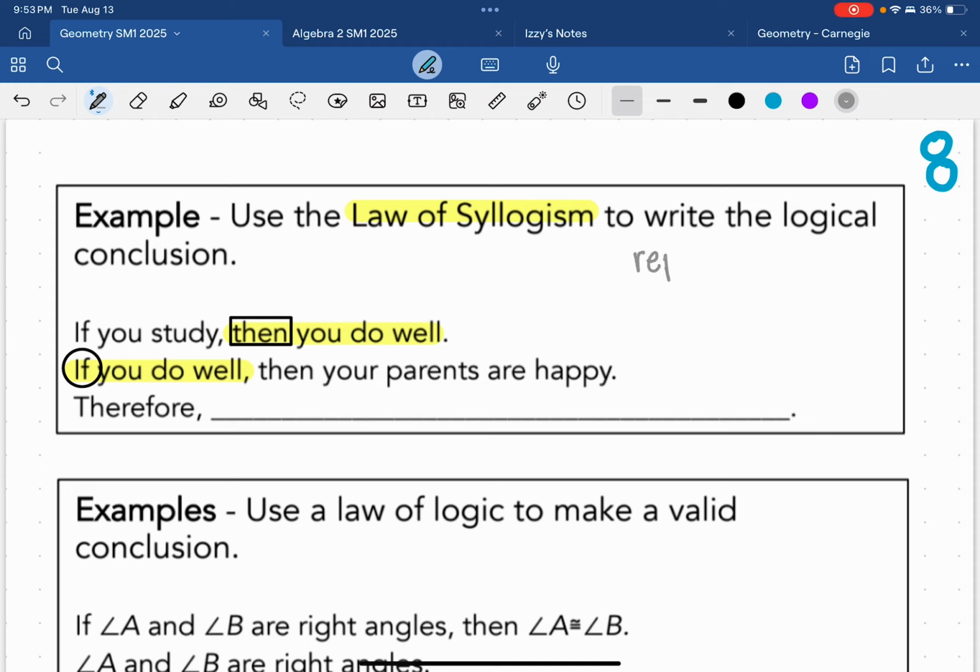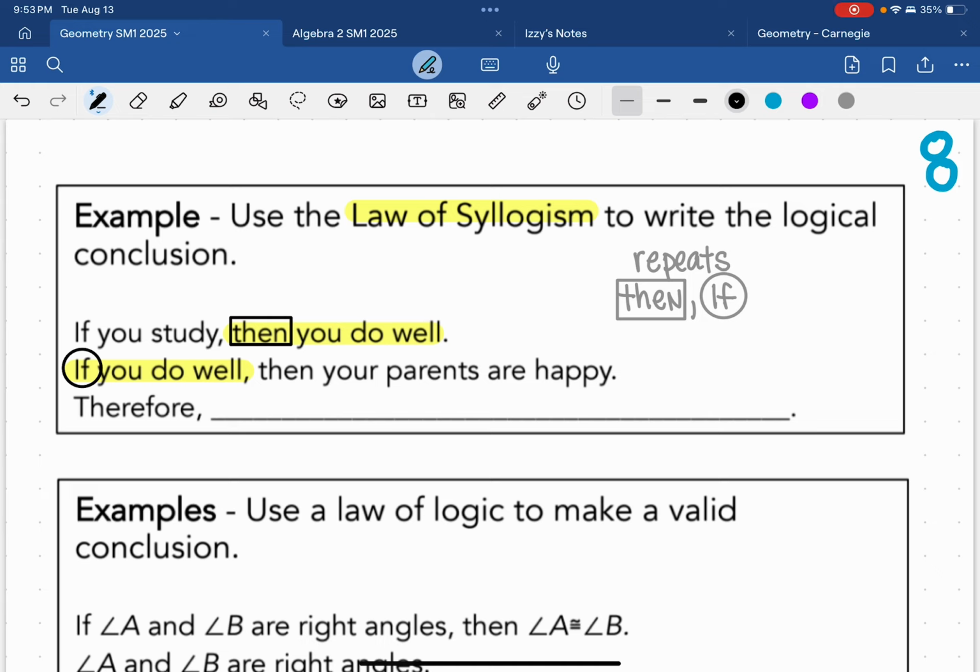I am looking for those repeats. Okay? And it has to repeat in this order. It has to repeat then first, if second. So I'm looking for the box first and the circle second. It has to be in that order for it to be the law of syllogism.